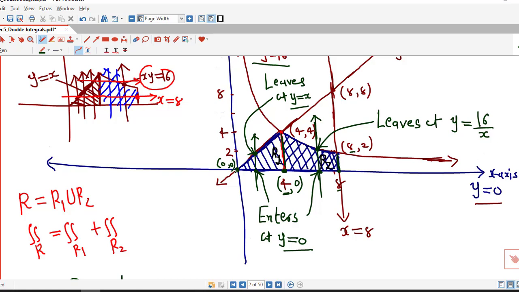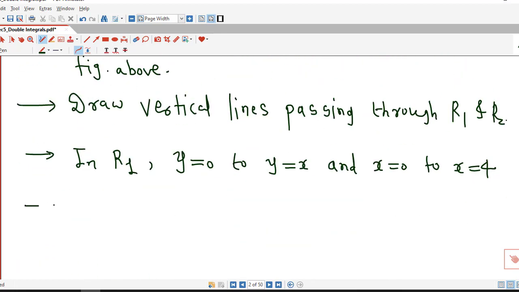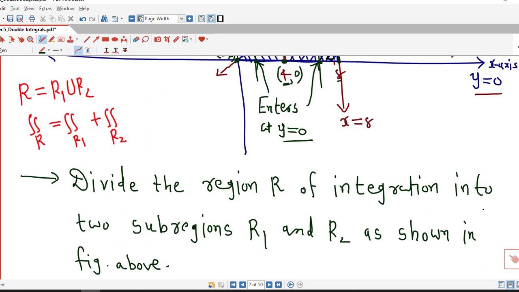At this point the value of x is 0, at this point the value of x is 4. Similarly, we write down the limits of integration in region R2. In R2, the lower limit for y is 0 and the upper limit is 16 by x, and x is from 4 to x equal to 8.